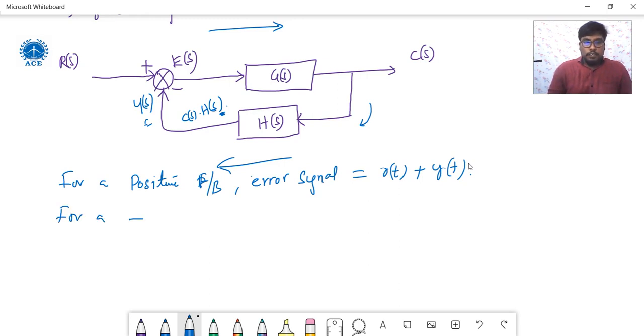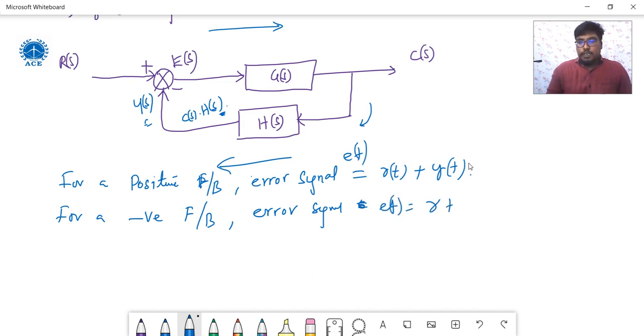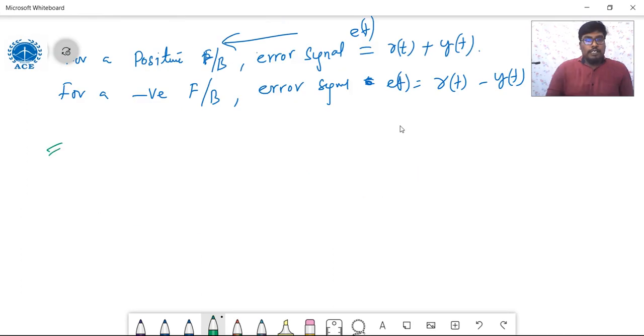For a negative feedback, error signal, that is E of t actually, E of t is equal to R of t minus Y of t. Let us see the transfer function of the closed loop system.